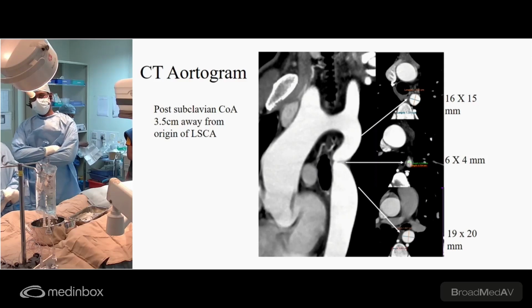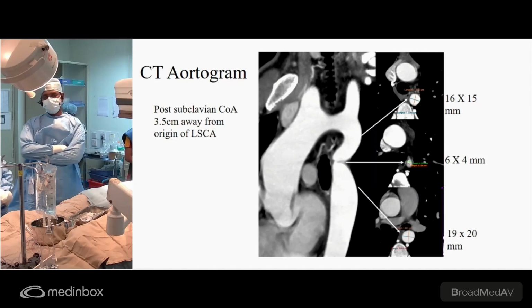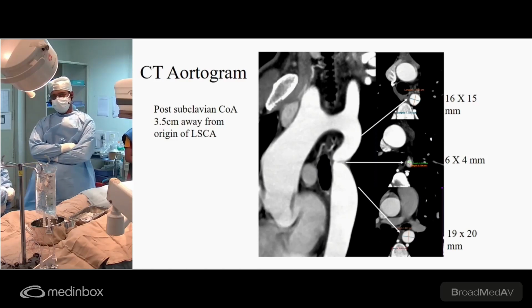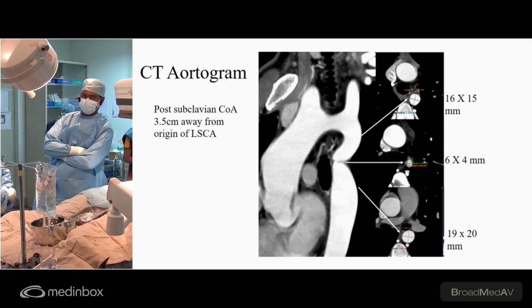In the CCISC data, it was identified that if the stent diameter is more than 3.5 times the diameter of the narrowest segment, there is a higher chance of aortic wall injury, and in those patients it is very safe to use a covered stent.